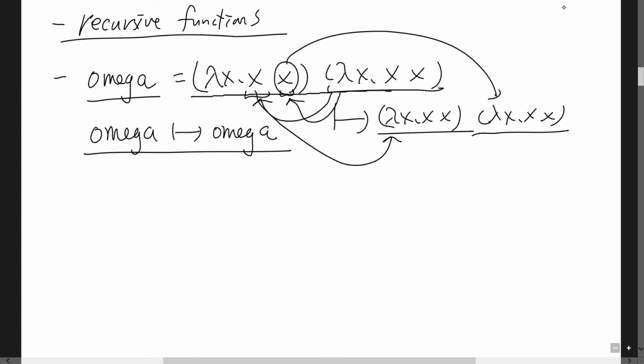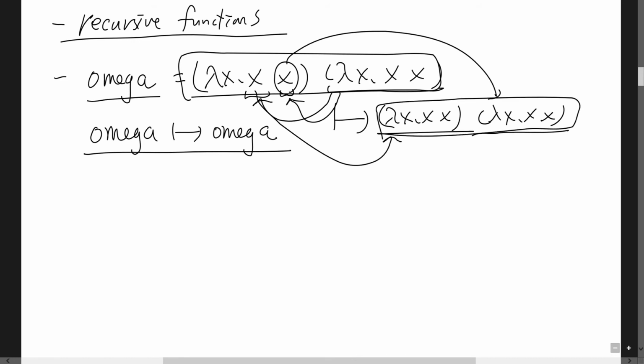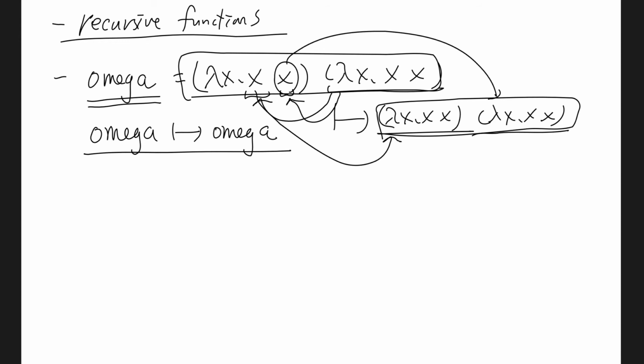So this expression omega reduces to itself, which means that its reduction never terminates. So the presence of such an expression omega in lambda calculus is strong evidence that perhaps we can implement recursive functions in lambda calculus as well.